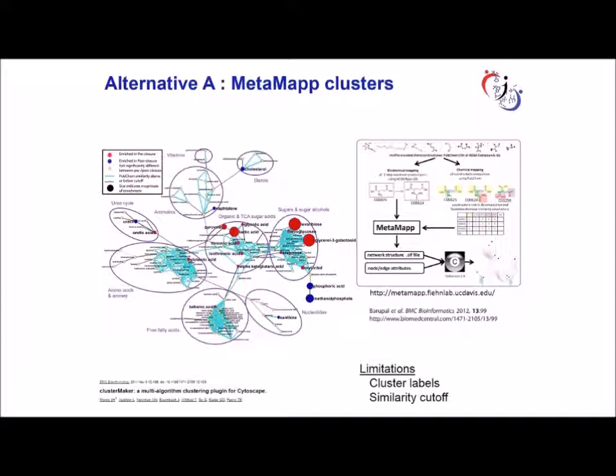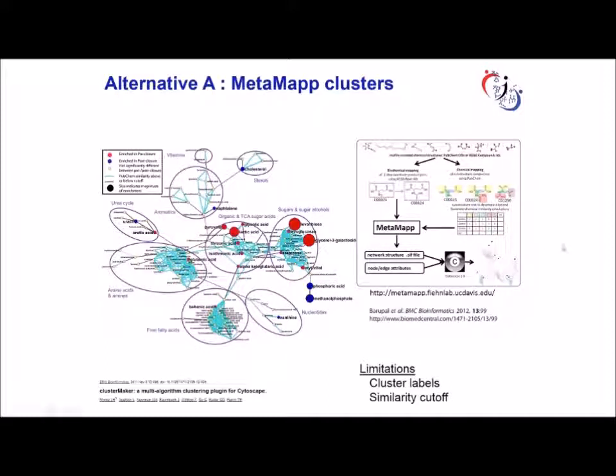Alternative A is MetaMap clusters. The idea is that all the known metabolites can be mapped into a metabolic network graph, and using a cluster detection algorithm we can define clusters within that network graph and use those clusters as set definitions.